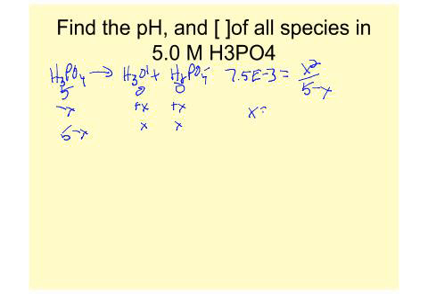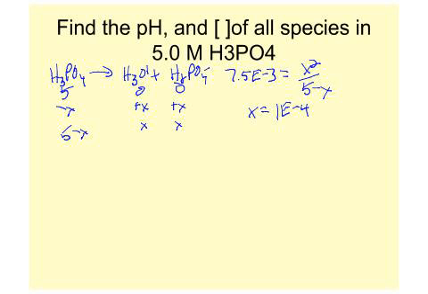Hopefully I'll do a little better this time. X squared divided by quantity 5 minus X quantity minus 7.5 E negative 3. My guess would be 0.0001. And I got 1 E negative 4. Well, that's pretty nice. X equals 1 E negative 4.